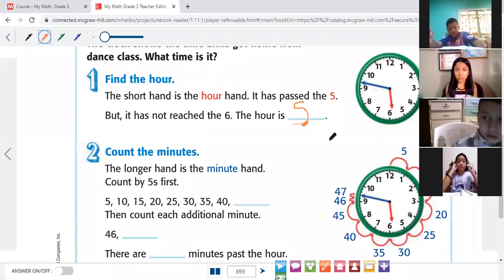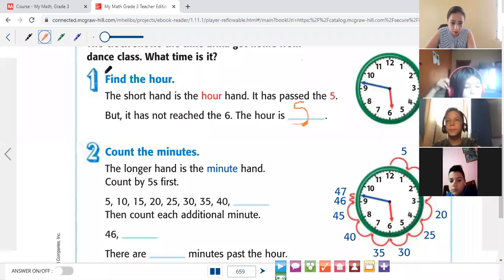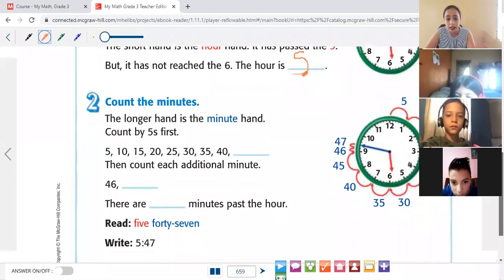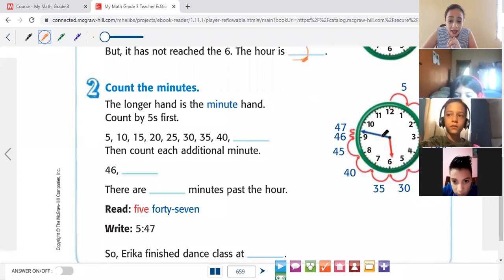Now, let me show you something and I need you guys to please be careful. The long hand tells me the minutes. So do you remember that each number represents minutes? We keep counting by 5.